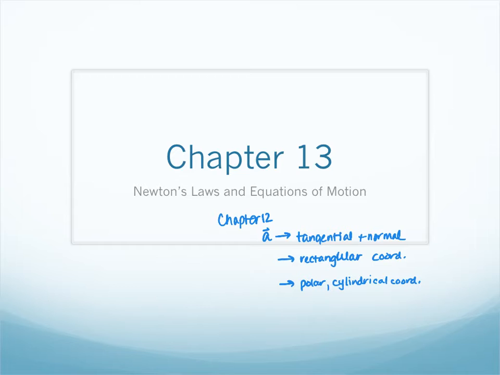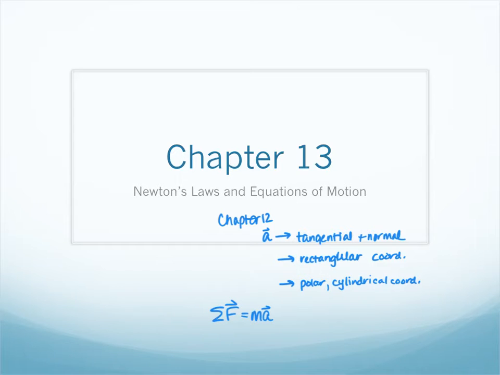But I think what can really make chapter 13 pretty easy to access is if we think about in chapter 13, essentially what we're focusing on is F equals ma, and using forces to be able to express mass times acceleration. But then we're going to look at it from the point of view of using different coordinate systems.